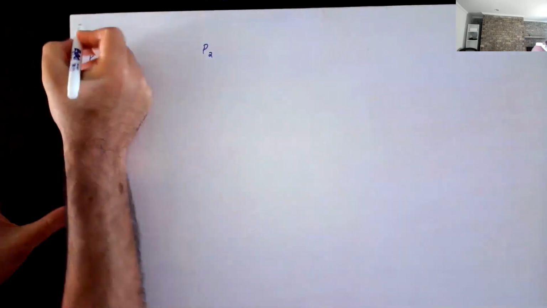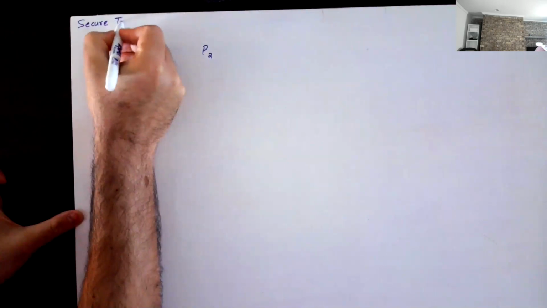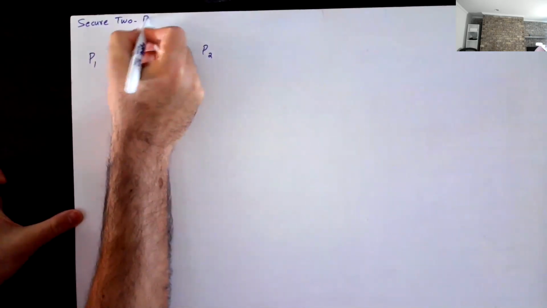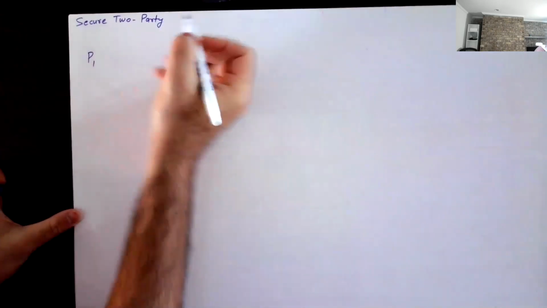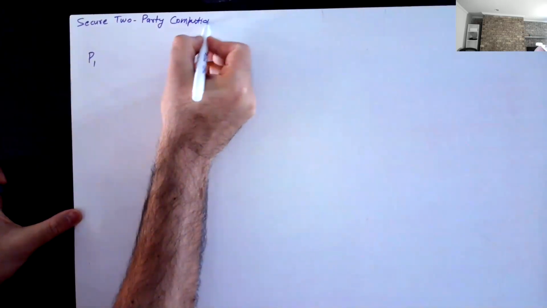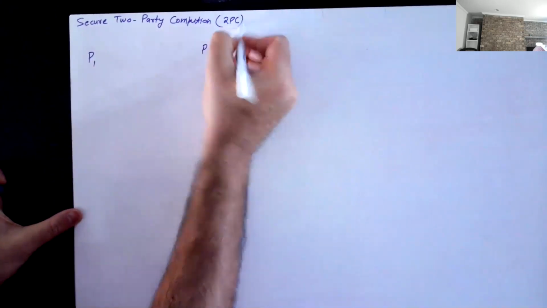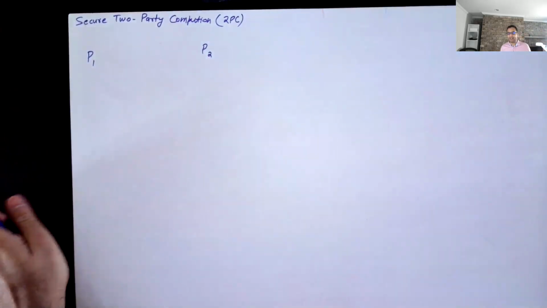In general, you can imagine two parties, P1 and P2. This is called secure two-party computation. The shorthand is just 2PC. Multi-party computation is MPC.